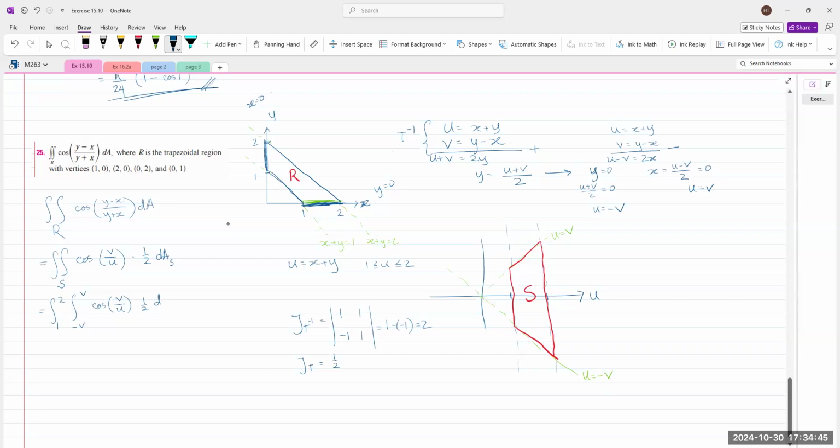You know what? The u is outside, the v is inside, so it must be from negative u to u. Like that.